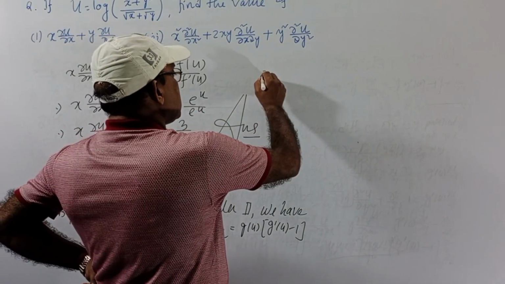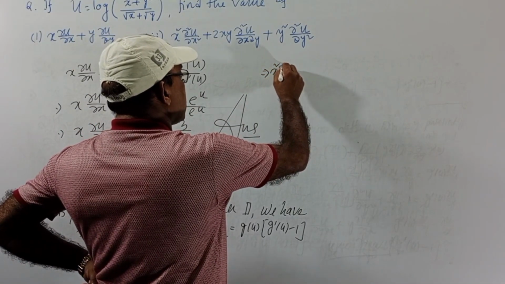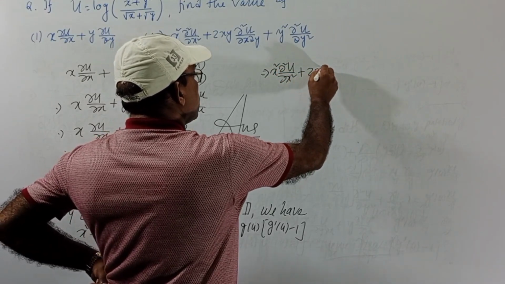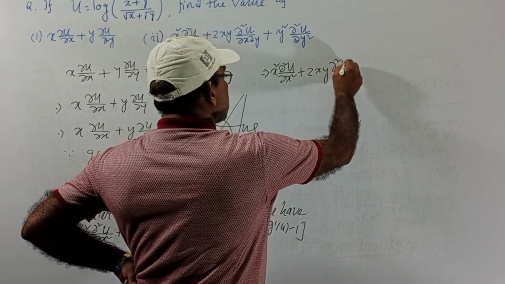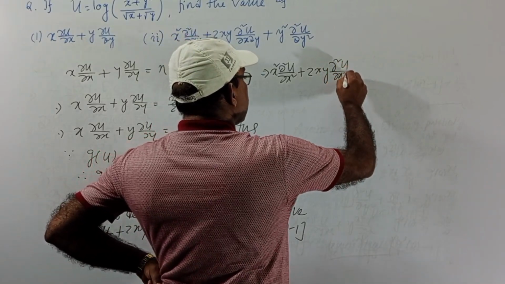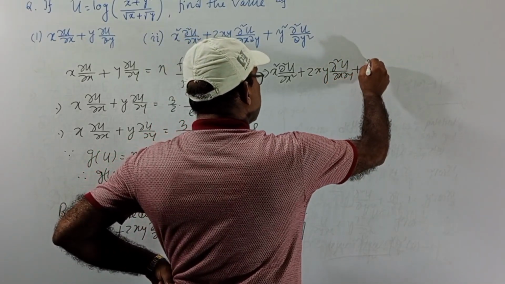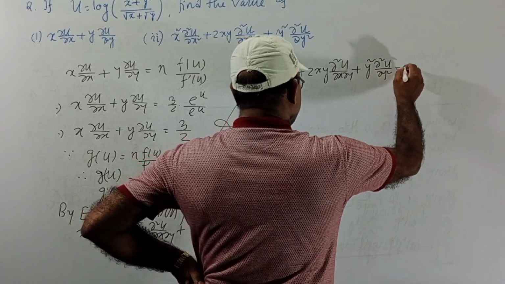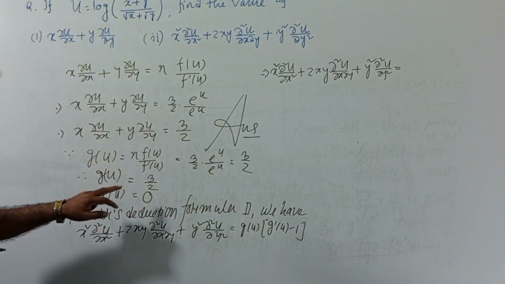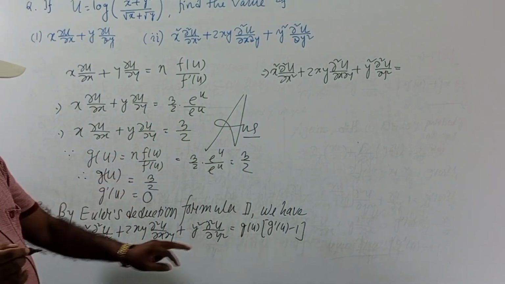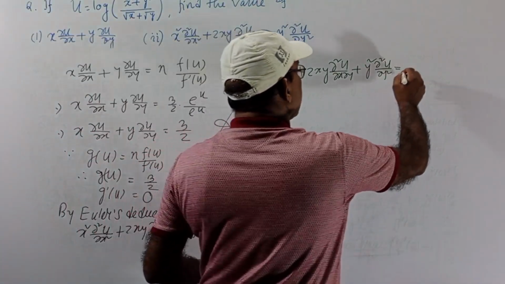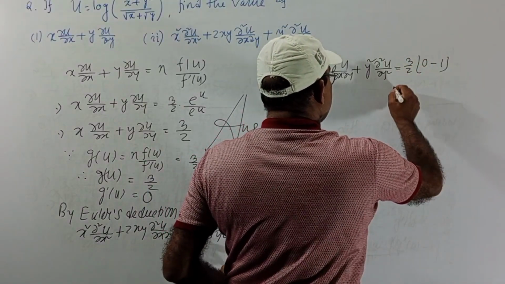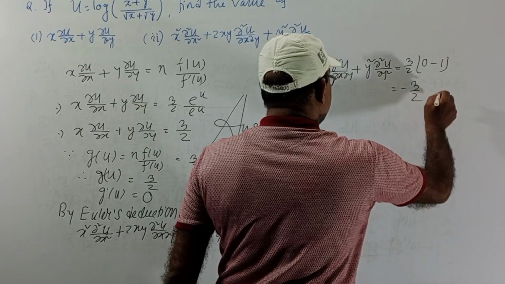So this implies x square del square u del x square plus 2xy del square u del x del y plus y square del square u del y square equal to g of u, g dash u minus 1. G of u means 3 by 2, g dash u is 0. Here putting 3 by 2, and this is 0 minus 1, this will be minus 3 by 2.